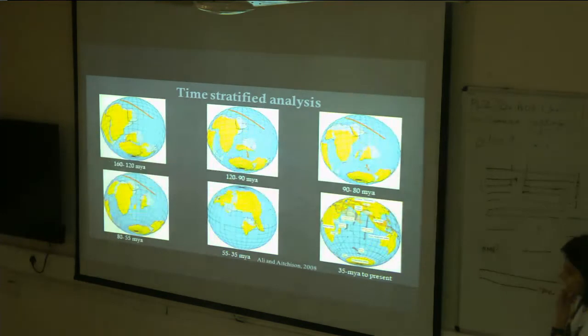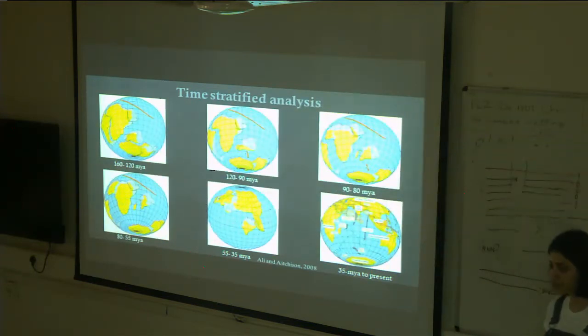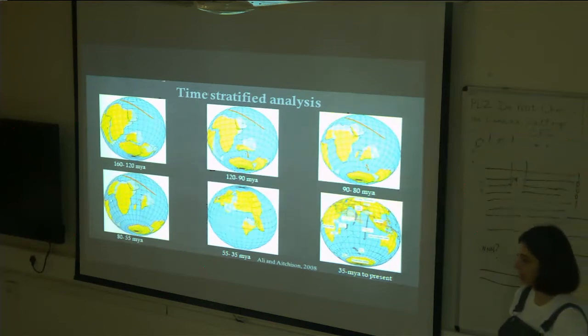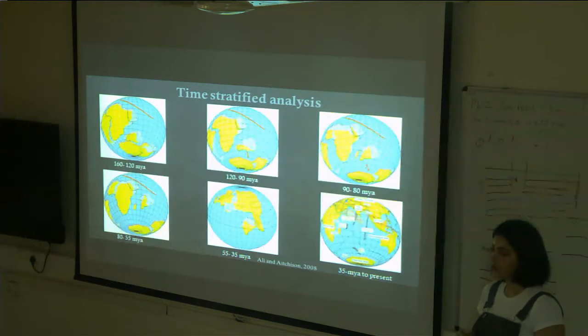I also carried out time stratified analysis. This is where Lagrange sort of fails, because Lagrange does allow for time stratified analysis, but for a landmass like India, which has also moved through time, you can't actually code the area adjacencies for different time periods.